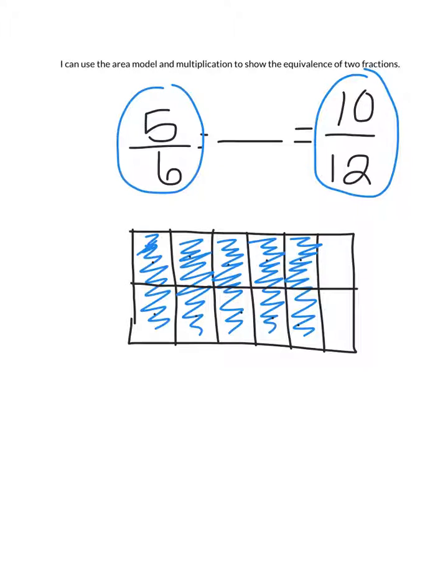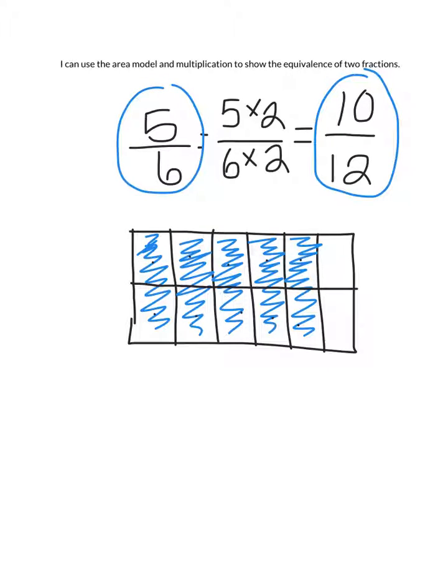So to show that with multiplication, I know that I would take 5, multiply it by 2, and I would do the same thing with the denominator, 6 multiplied by 2, to also show that 5 times 2 is 10, 6 times 2 is 12, and again we're showing the relationship between 5/6 and 10/12, and we can see that they are equivalent. So we've doubled the number of units to make 12ths.